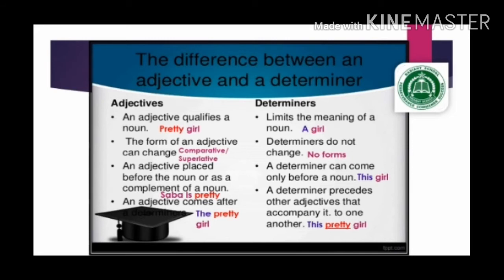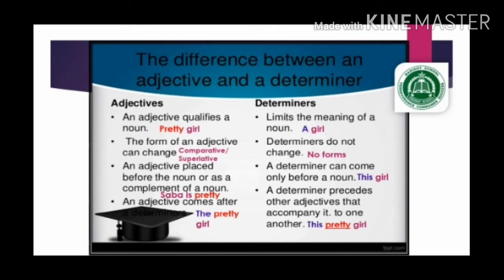For example, a girl. Here the noun girl is limited to a girl singular. This determiner shows that it is a singular noun and it is any girl. It is not a specific girl, it is any girl, a girl.